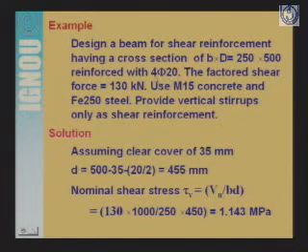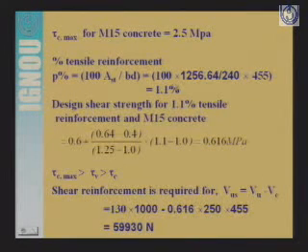So you can calculate the area of these 4 bars as 4 into pi by 4 into d square, where d is the diameter, here 20 mm. So this area Ast comes out to be 1256.64 mm squared. Putting these values here, we get the percentage of tensile reinforcement as 1.1%.